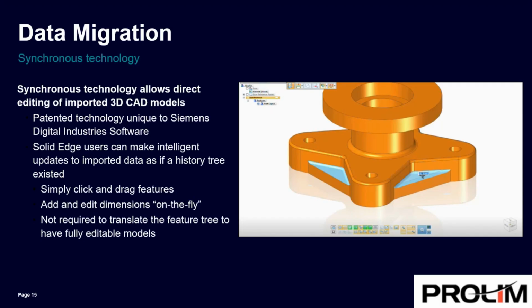Simply click and drag on features, add and edit dimensions on the fly, and there's no requirement to translate the feature tree or to have fully editable models. We can just pull in this dumb part copy and start manipulating it right then and there in the synchronous technology environment. This applies to both data converted using file open and data converted using the bulk data migration tools.